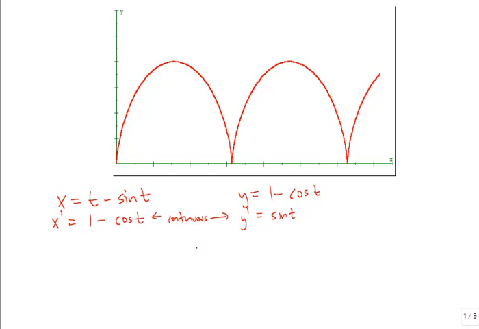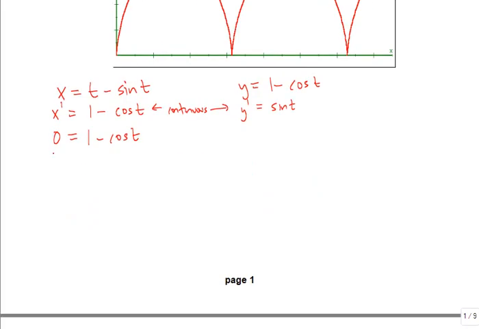The other thing that we need to check is, are they simultaneously zero? So we want to see, when are these two derivatives possibly going to equal zero? If we set x prime equal to 0 and solve this, we're going to need to add that cosine of t to the left-hand side, since it is being subtracted already. And where does cosine of t equal 1?